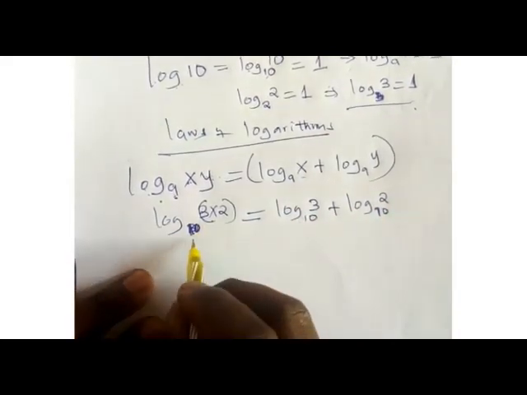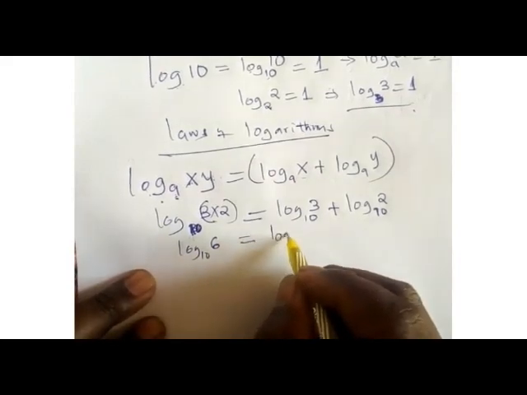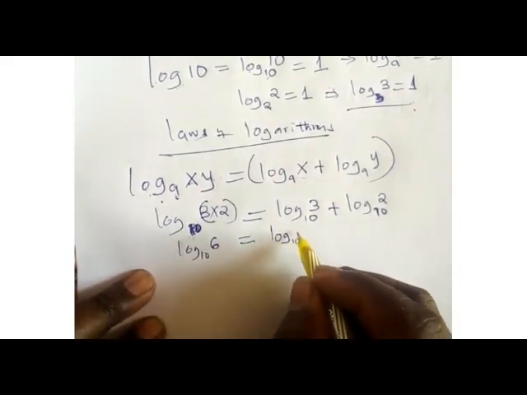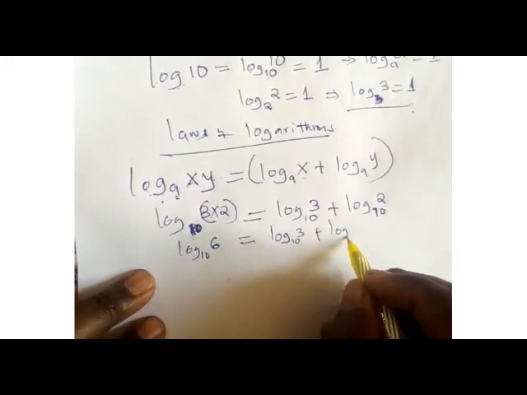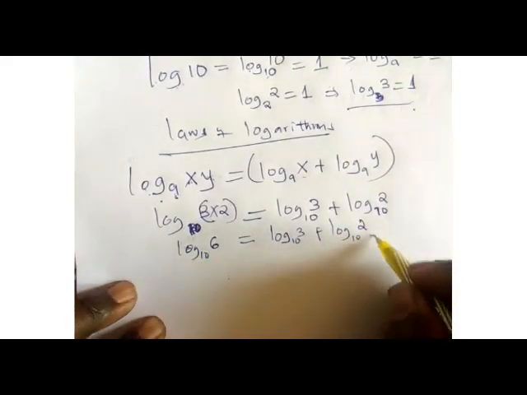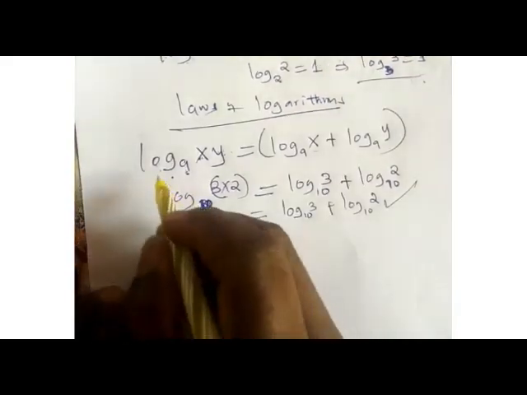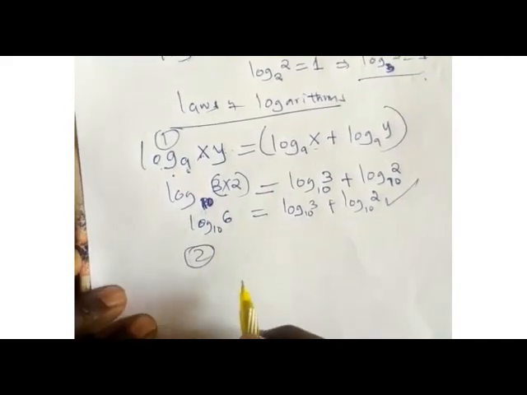Simply we know this one is the same as log to base 10 of 6, which is the same as log 10 of 3 plus log 10 of 2. When you press the calculator, it will show you that the answer is the same. That is row 1.